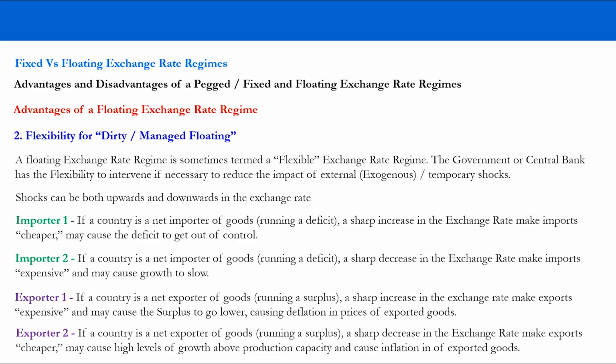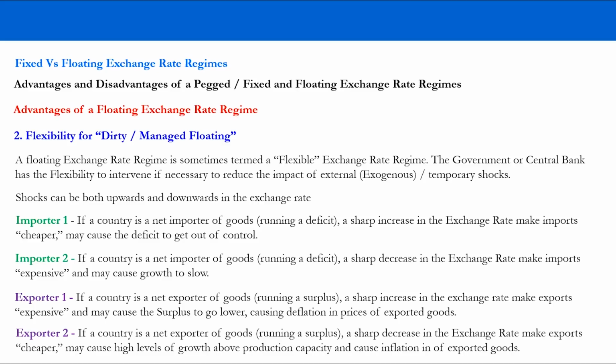What do we mean by that? Well, if you have a floating exchange rate regime, you've essentially not got a fixed or pegged regime. You don't have a rule book or a set of rules that you have to stick to as a government or central bank, i.e. central authority, with your exchange rate regime.